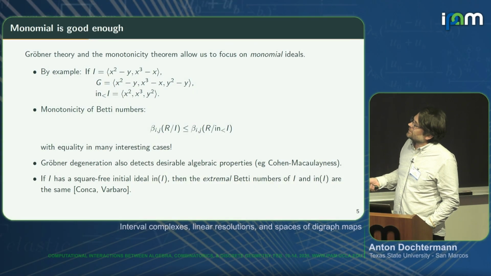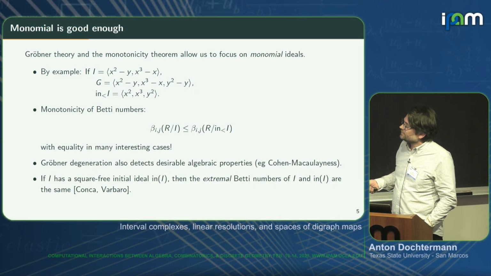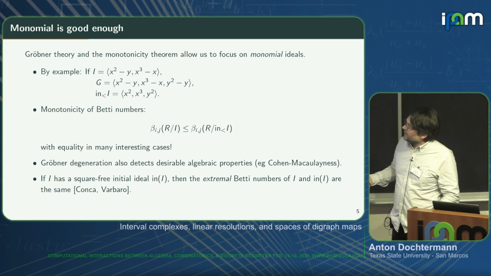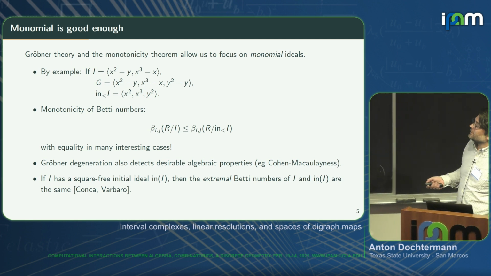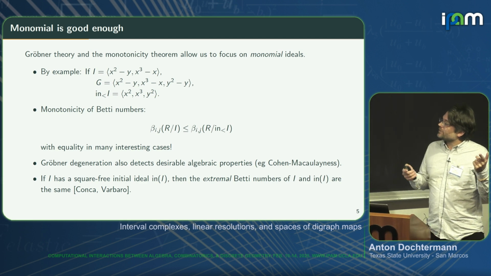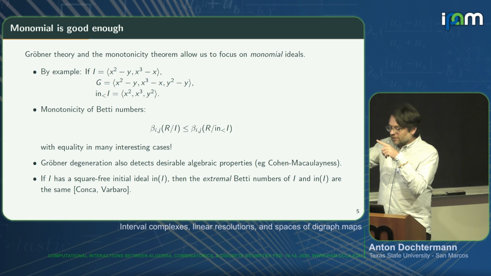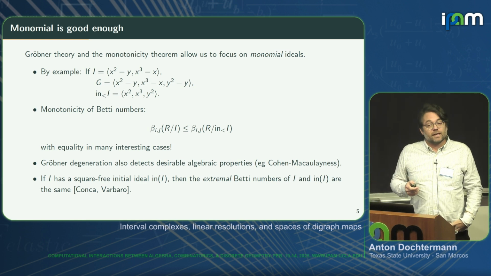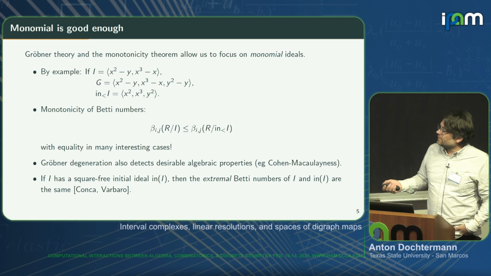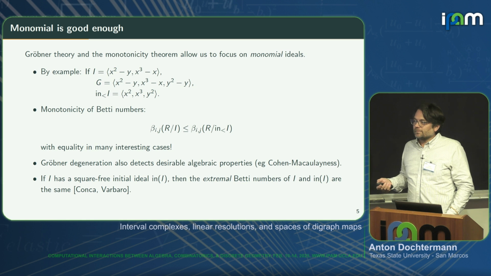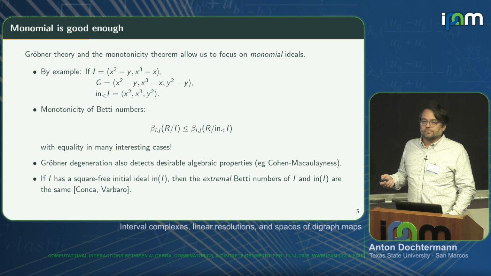You can also detect Cohen-Macaulayness via this Gröbner degeneration. This nice recent paper of Conca-Varbaro says that if you have a square-free initial ideal, then the extremal Betti numbers, which I won't define, but they're the corners in the Betti table, are the same. So this is a generalization of the regularity and projective dimension. You get more information.